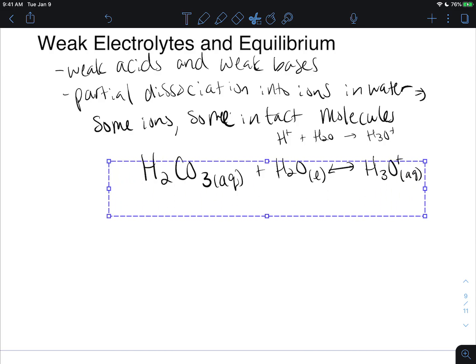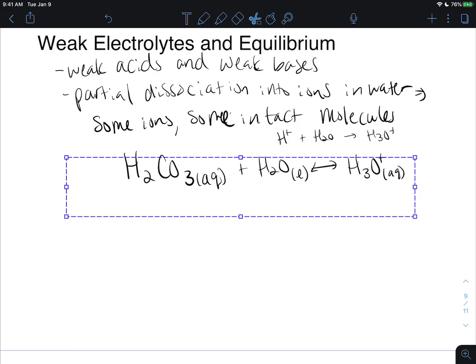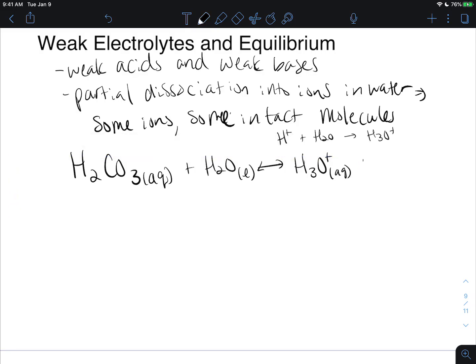So this is one of our polyatomics. It should look familiar. And our bicarbonate ion. But the difference here is this arrow right here.